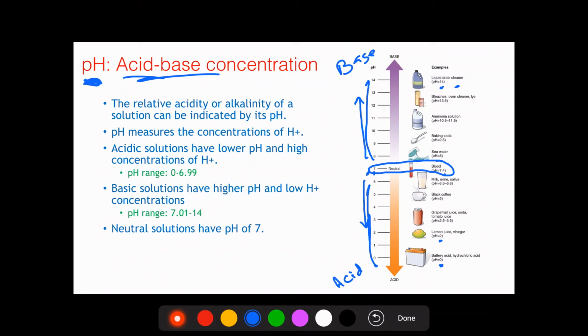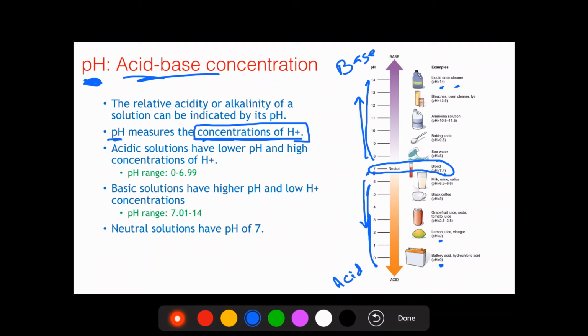However, I need you to remember that pH refers to the concentration of hydrogen ions. That's what the pH measures.